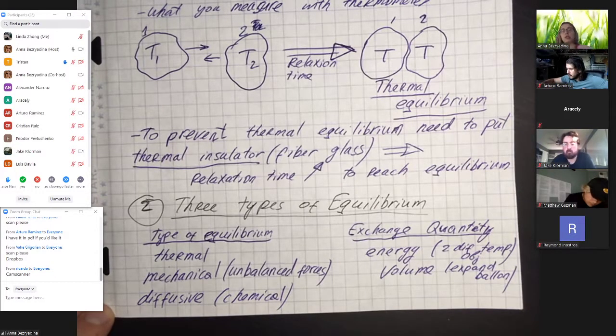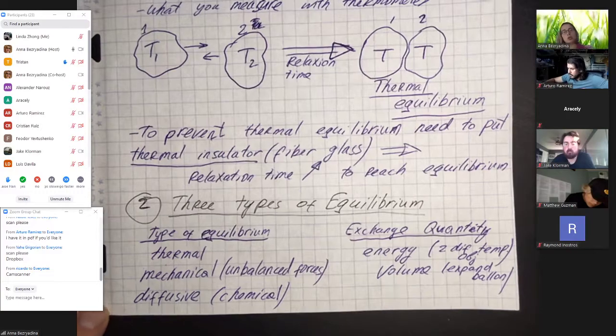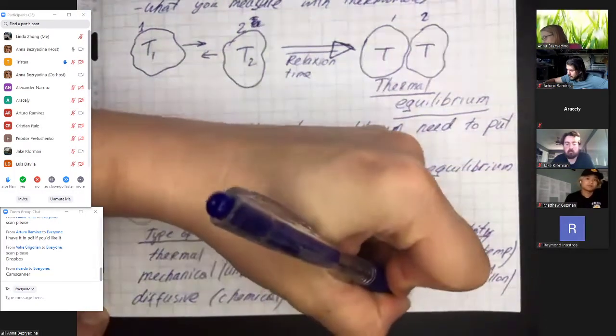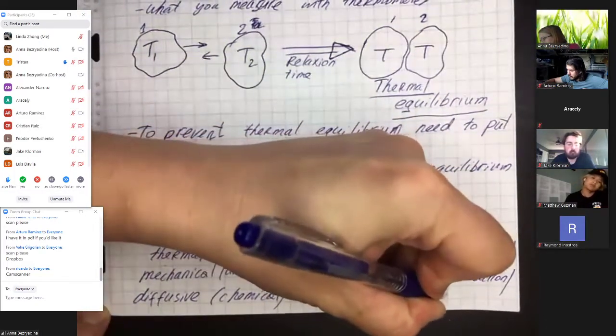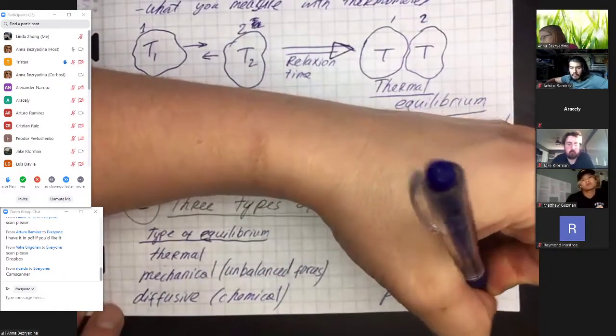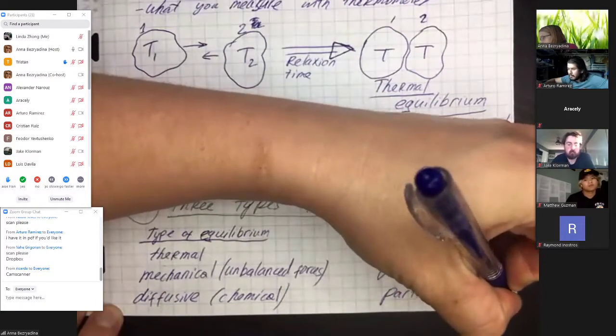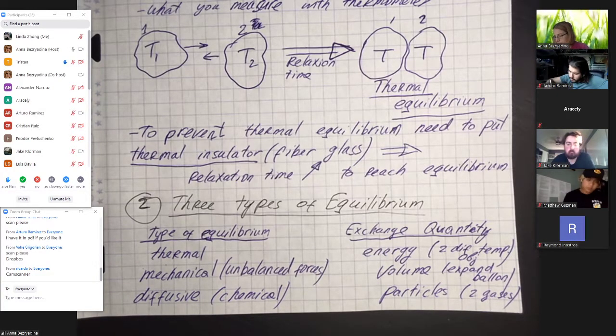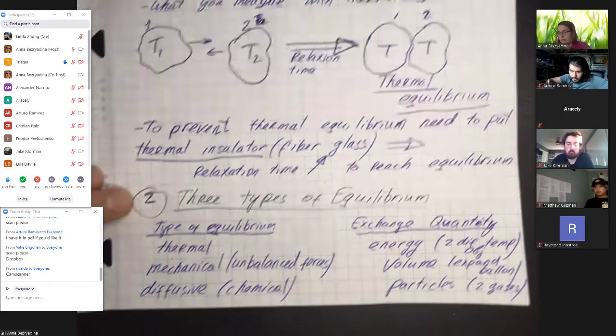Particles need to come and cross the boundary, so you have the same particle concentration in each area. Here an example is two gases.